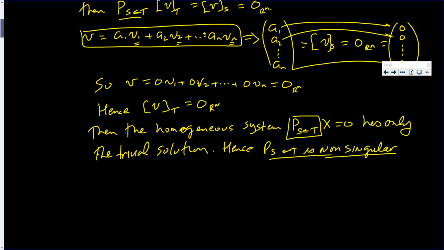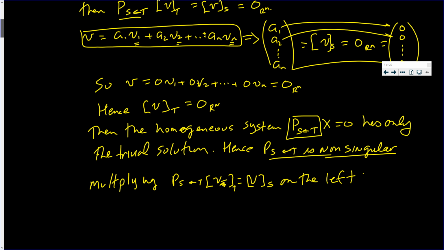That is just super. But now, if we multiply P v_T equal to v_S, on the left, let's not forget we have to state that, by the inverse, because we know the inverse exists now.